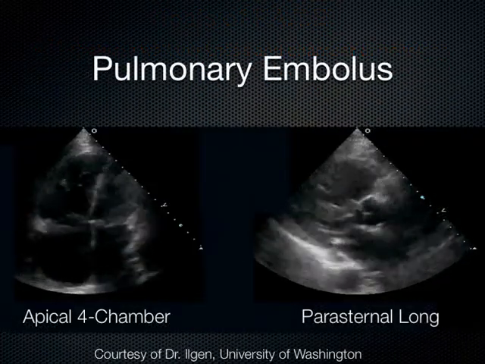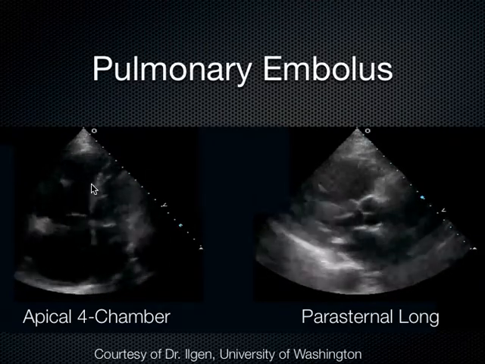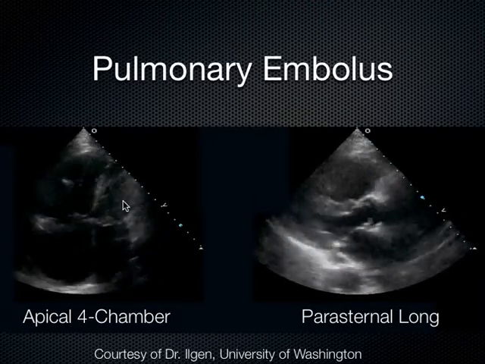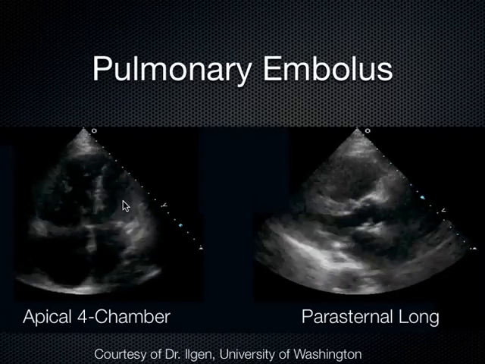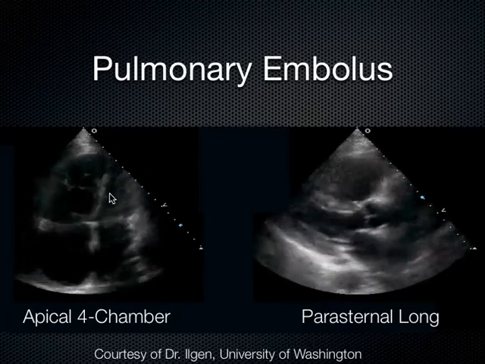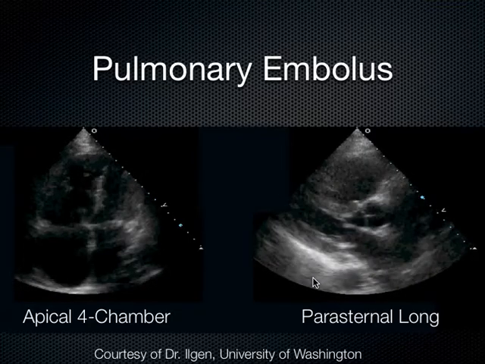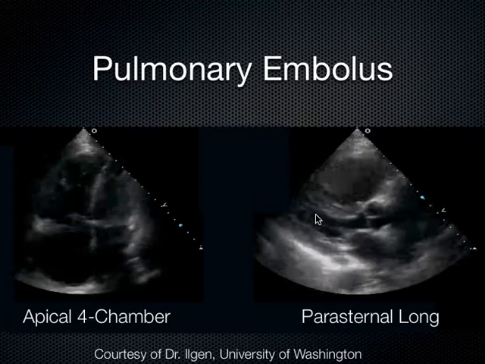With pulmonary embolism, as I've been alluding to, we can see that the right ventricle is much larger than the left ventricle, or at least approximates the left ventricle. The problem is when the blood can no longer get through the vascular bed of the lung and make it back to the left ventricle, the left ventricle gets pretty low in its volume status, and you can even get kissing walls here.